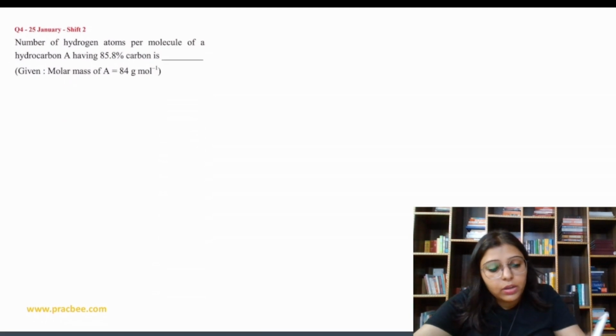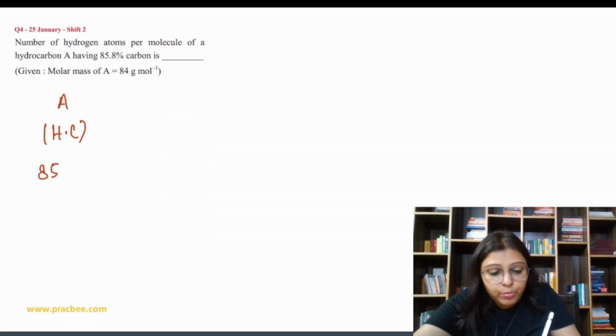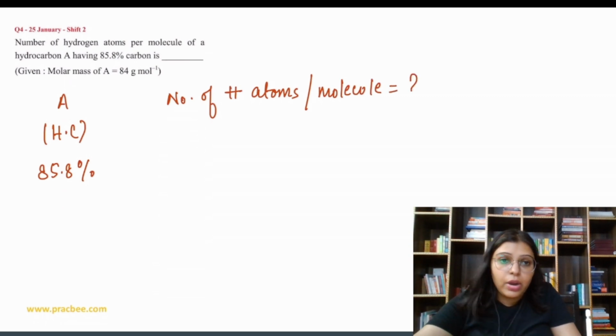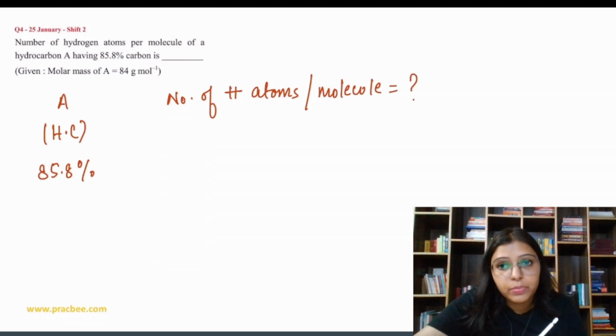Next question. Number of hydrogen atoms per molecule of hydrocarbon A. We have A, which is a hydrocarbon having 85.8 percentage carbon, and we have to calculate the number of hydrogen atoms per molecule. Now how to calculate it?